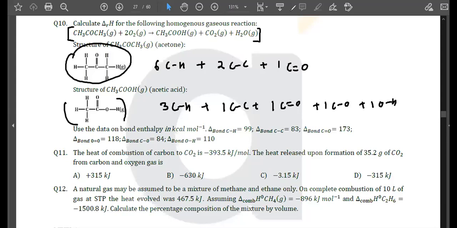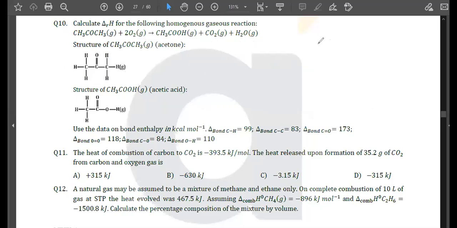Okay, write down individual bond energy for all these compounds and use Hess law. Okay, you can get the answer. Everyone, got it? How to solve this now, right?